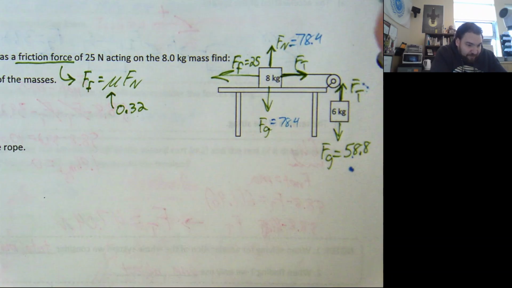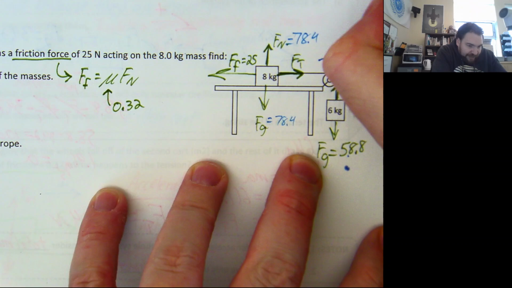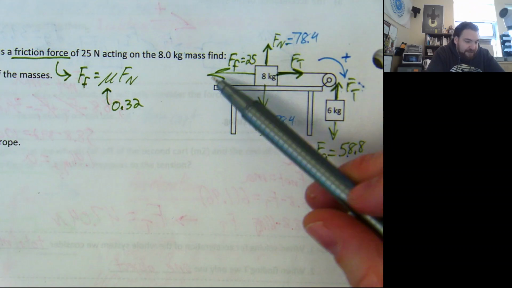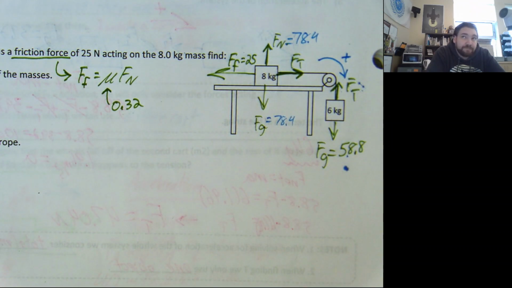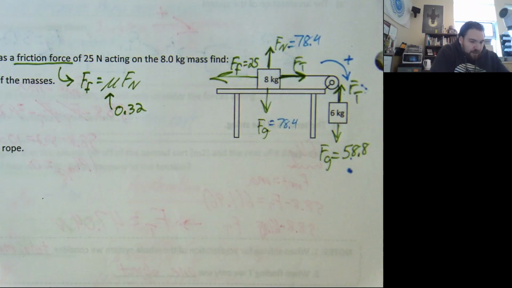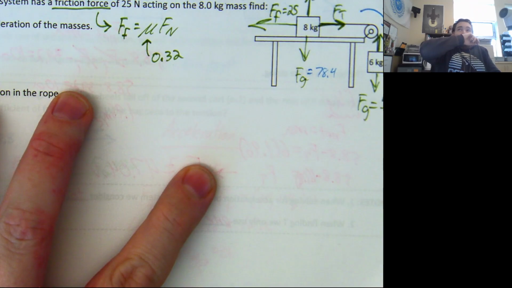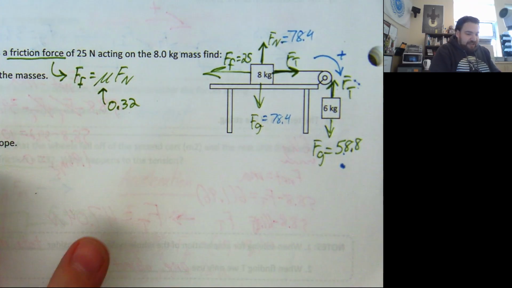So, like before, I'm going to call to the right and down positive, because that's the only possible direction this system's going to move in. Friction will not cause this thing to go left and drag this thing up. If it moves, it will only move to the right. So let's take a look at this. This one I'm not going to redraw. This one's going to look like this.